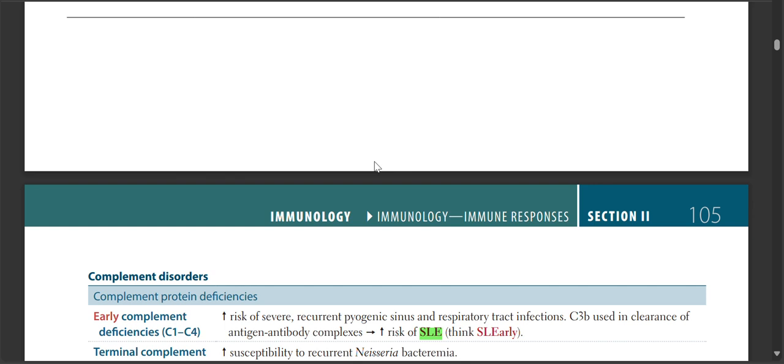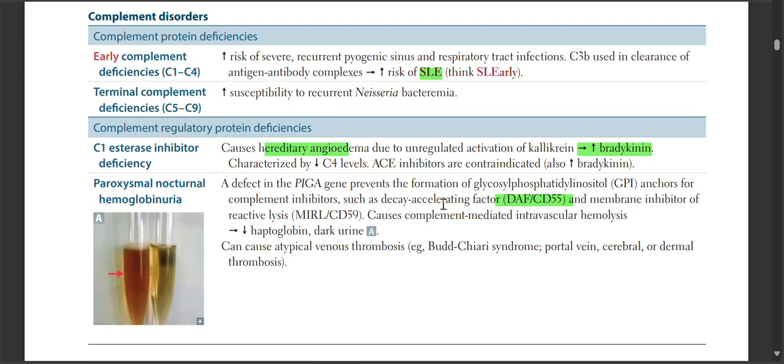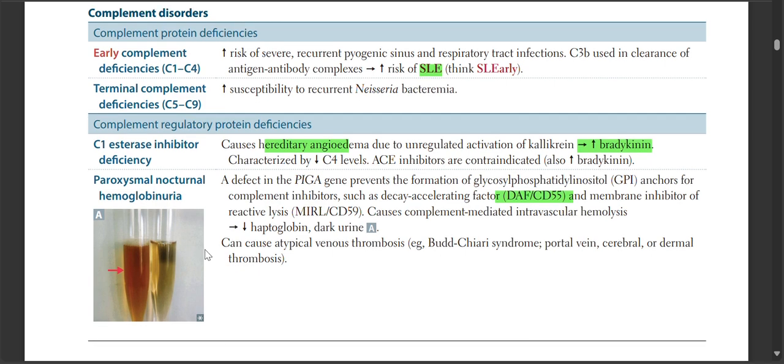My guess is intravascular. Okay, yep, it is intravascular. Now, why is it intravascular? Because complement is present in blood, and blood is within the blood vessels, so that's why.